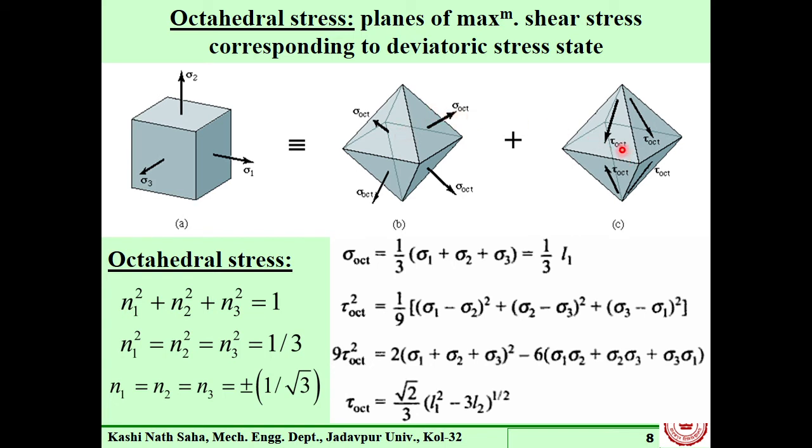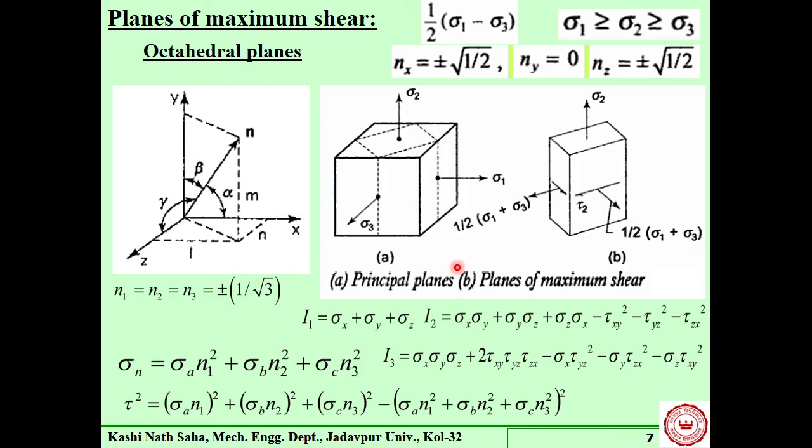Now, it is not that when we have maximum shear stress, there is no principal stress. There would be some normal stresses, and we can determine those as well. Okay. What would be those values? This is clear from the expressions of this sigma n and this tau.